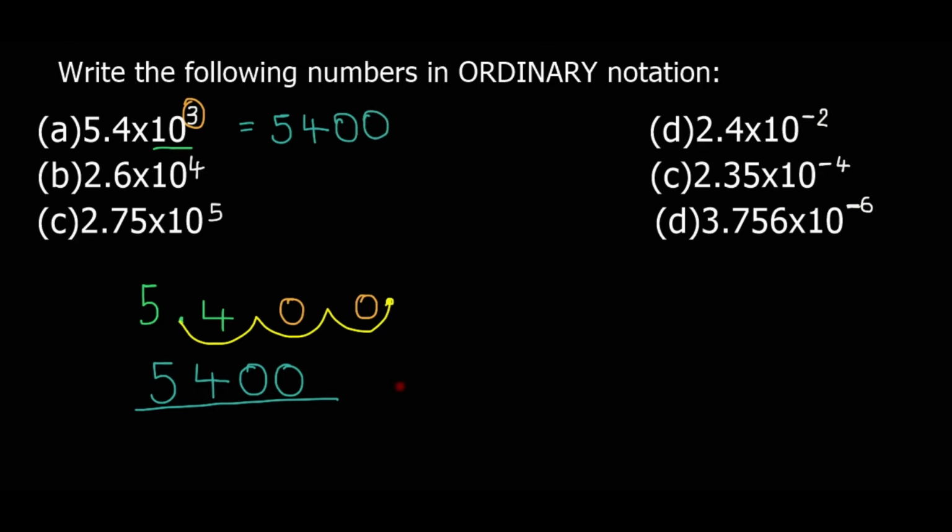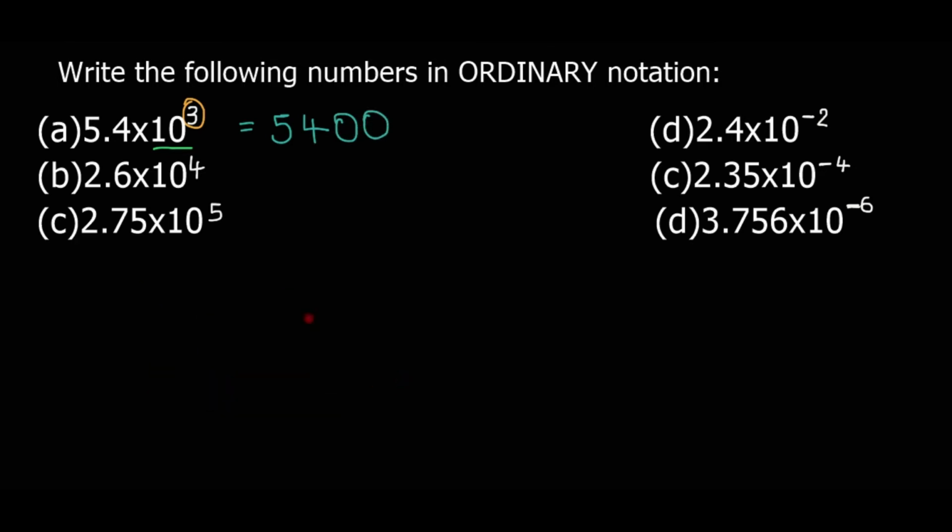A re lebelele part B. Part B ke 2.6 times 10 to the power 4. Re tlo ngwala 2.6 fela, and then because exponent ya rena ke 4, this means re tlo move 4 units to the right.